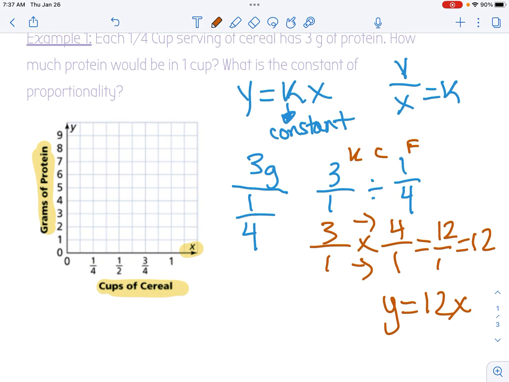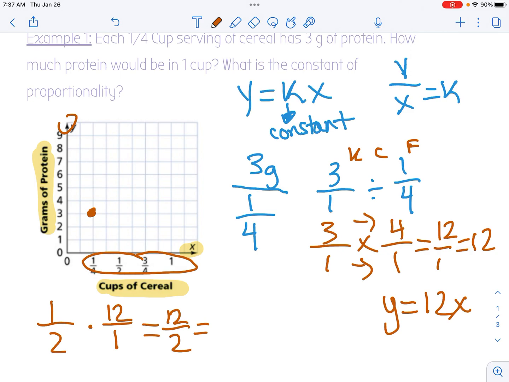So what that means is I can go ahead and multiply all of my x variables by 12 to get my y variable. So for the first one, when I have 1/4 cup of cereal, I have 3 grams of protein. For my second x, I have 1/2 times 12. Always write 12 as a fraction. This comes out to 12/2, or 12 divided by 2, which is 6.